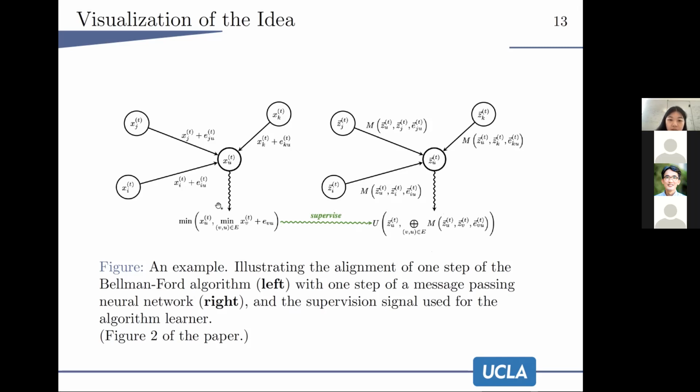Anyway, from the ground truth algorithm's output, because we know what the actual output should be at this step, and then we also have a prediction from the neural network, so that we can compare them. This is where the supervision comes from, according to my understanding. Okay, gotcha. Thank you.